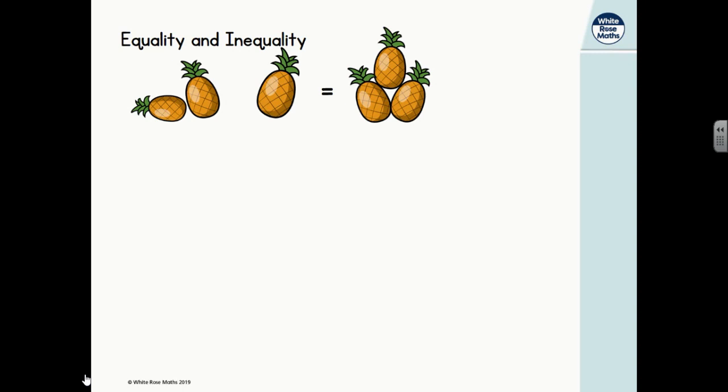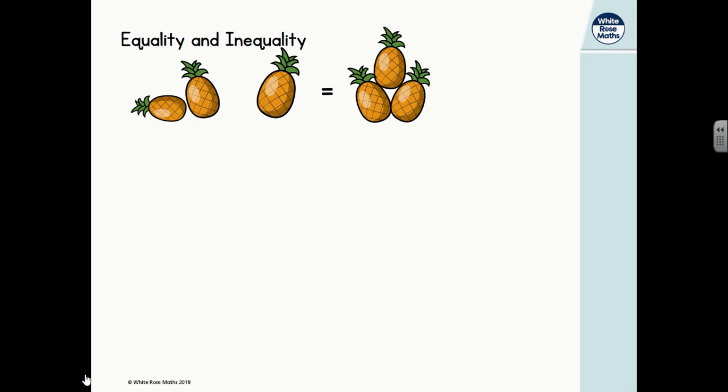And just like that, 1 plus 1 has the same value as 2, but it is not the same as 2. We should probably say 1 plus 1 is equal to 2. Remember, the job of the equal sign is to tell you the numbers or objects on one side have the same value as the numbers or objects on the other side.